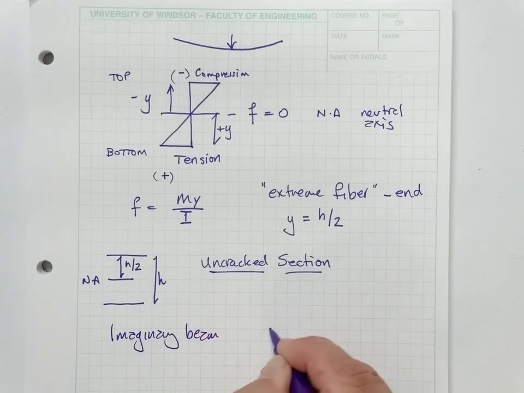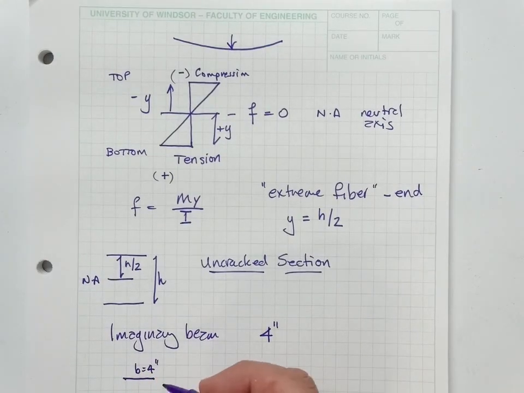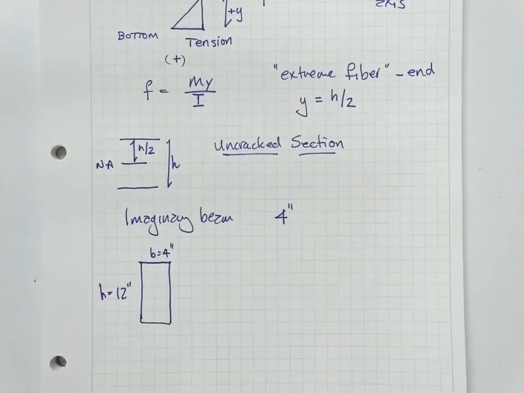Let's make it 4 inches wide. How deep do you want the beam to be? 12 inches? Okay. Yep. Thank you. So h is equal to 12 inches. How about a span? Where do we want to span for?